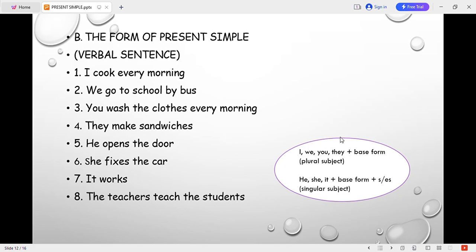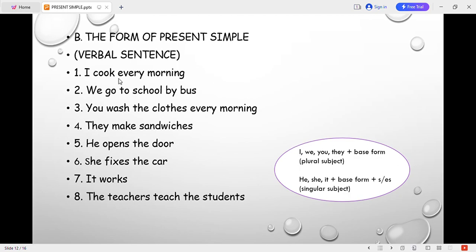Here we see that I put the subjects I, we, you, they, which are plural subjects, and then this is the pattern of present simple: subject plus base form or verb 1. Number 1, I cook every morning. Cook is the base form.